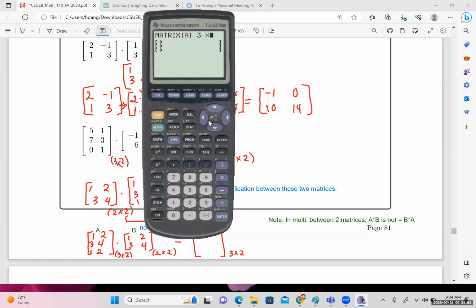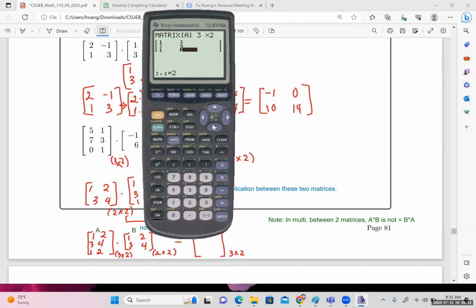I have to change the entries down here as 1, 2, 3, 4, 1, 2.